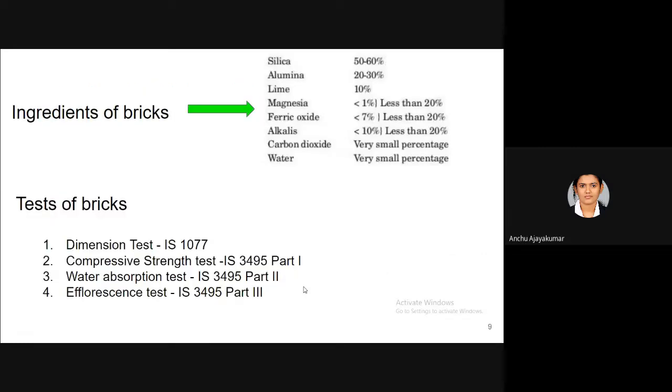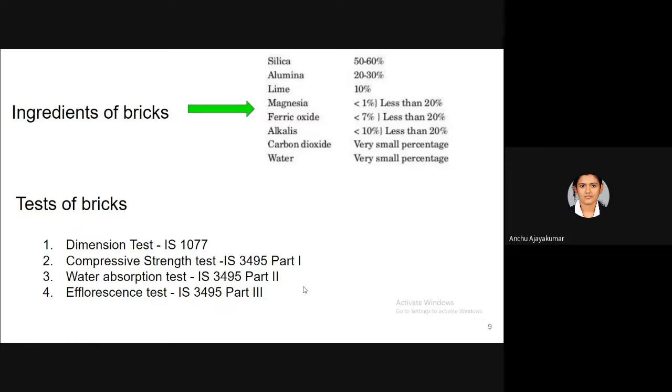And the next important thing is the ingredients of the brick and their ranges and proportions. We just see the red color or the compound color on the surface, but inside we have many chemical components in our brick. So what are they? First one is silica. The major ingredient in our brick is silica, that is 50 to 60%.